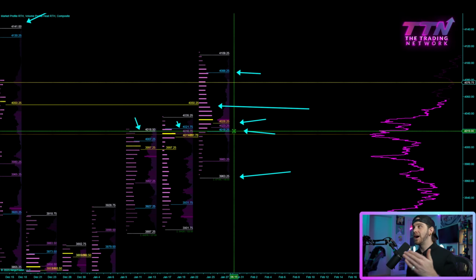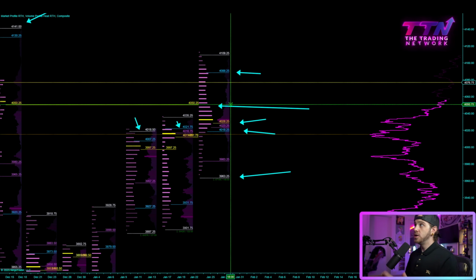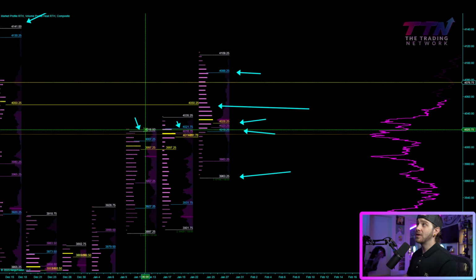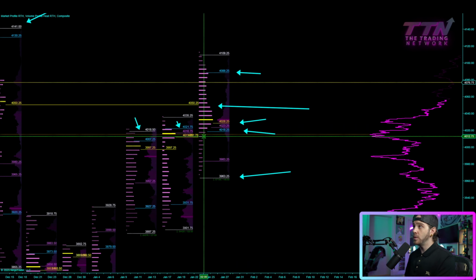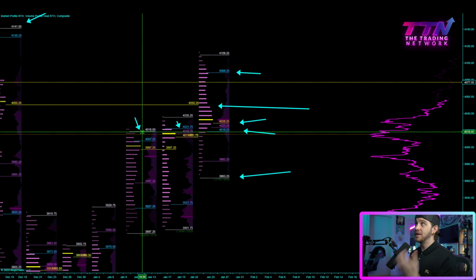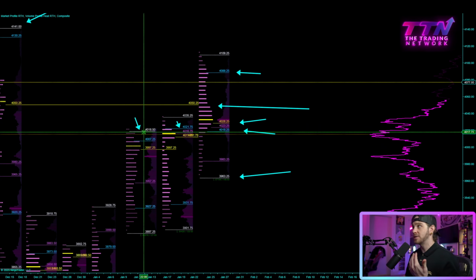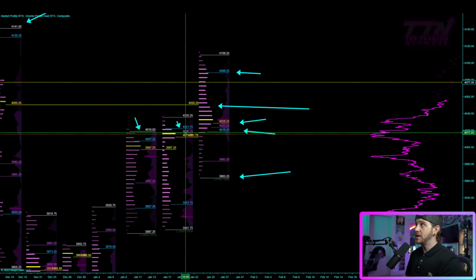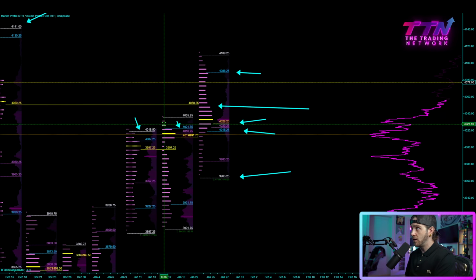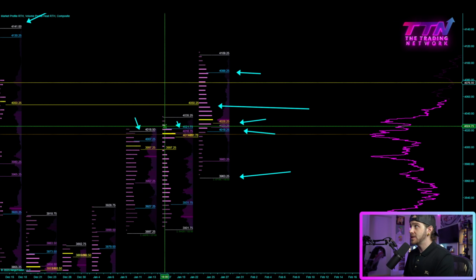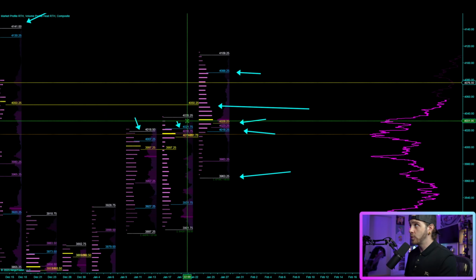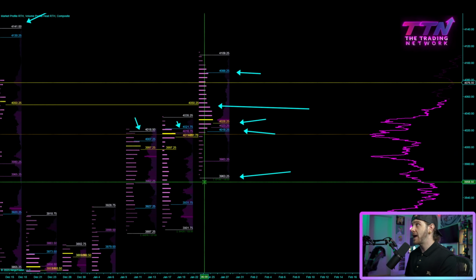So when a value area high flips to a value area low, you could consider that as a support resistance flip. This is an area where prior to this most recent week, sellers were stepping in this 40-20 area and pushing price back down. You can see we had that happen 2 weeks in a row. Anytime that we got around this area, you can see here on the weekly profile from the 16th, we did peak above that 40-20 level, set our weekly high at 40.35, and then we got pushed back down.